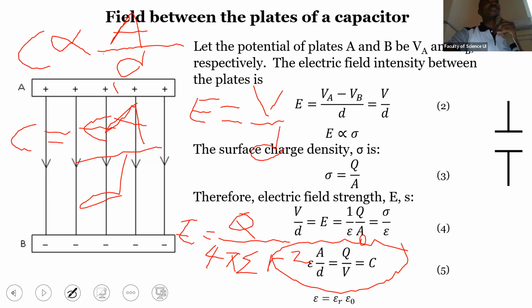Yes, the last one. Epsilon is the permittivity of the material. Epsilon naught is the permittivity of free space that we have seen earlier, while epsilon r is relative permittivity, which is unitless.